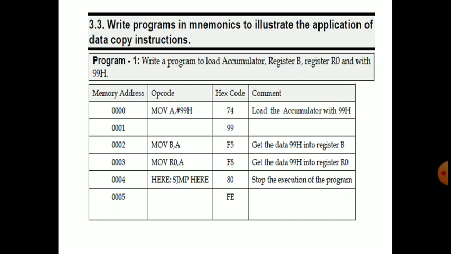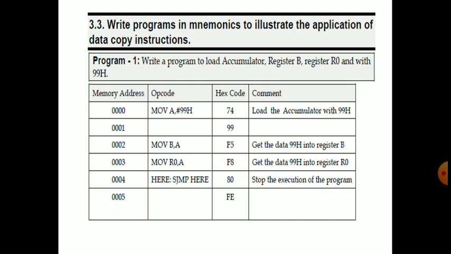Hex code is the instruction code, because we have 111 instructions, so every instruction will have a certain hex code. The memory address on the left side is generally the address where this opcode will be stored.